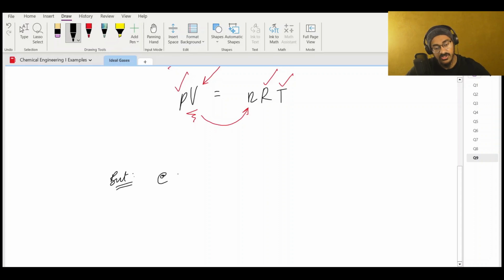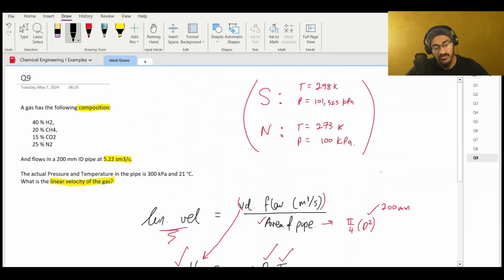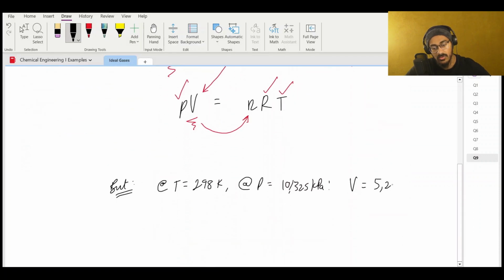At standard conditions, which is T equals 298 Kelvin and P equals 101.325 kPa, I know that my volume was 5.22 cubic meters per second.